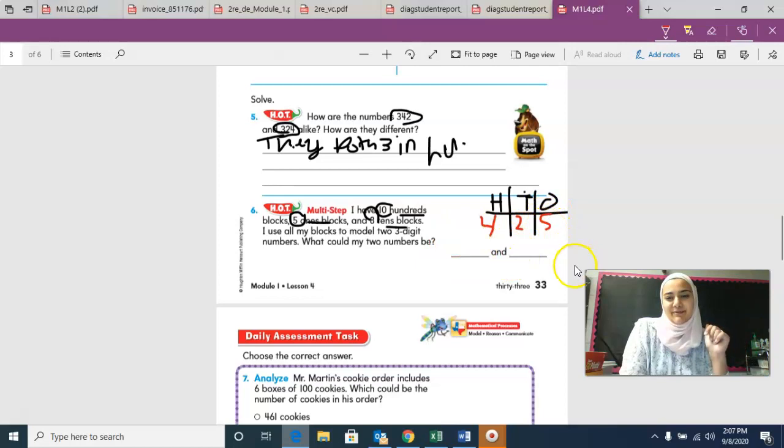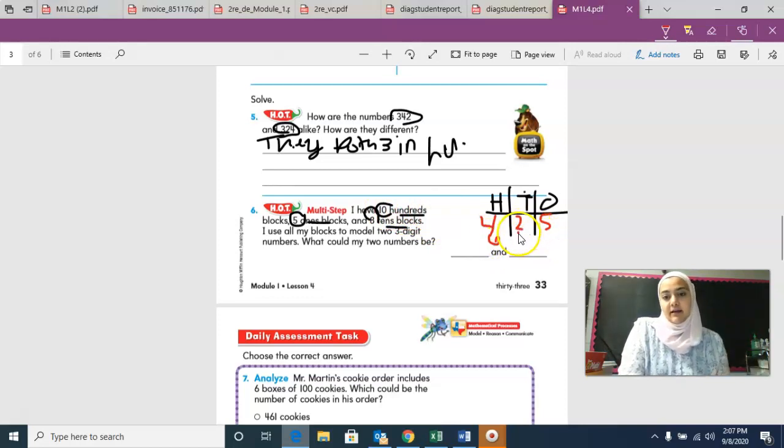And then you can mix it up and do another one. If I already used 400s, the second time I'm going to use maybe 600s, right? Because I'm using what I didn't use to begin with. If I already used 4, then this time I'm going to use 6, because 6 plus 4 is 10, and there's 10 hundreds blocks. So the other number could be 600s.